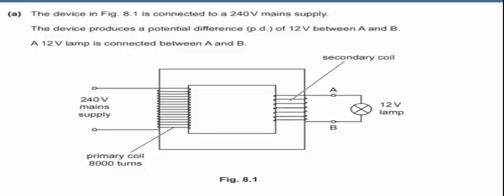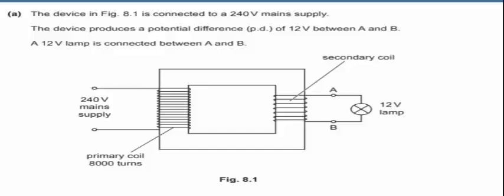The next one is coming from transformer, and it reads, a device in figure 8.1 is connected to a 240 volts mains supply. The device produces a potential difference PD of 12 volts between A and B. A 12 volts lamp is connected between A and B. Usually the transformer has two sides.